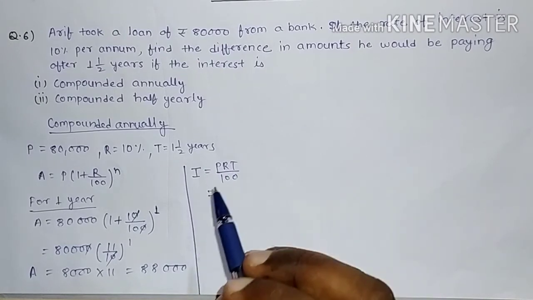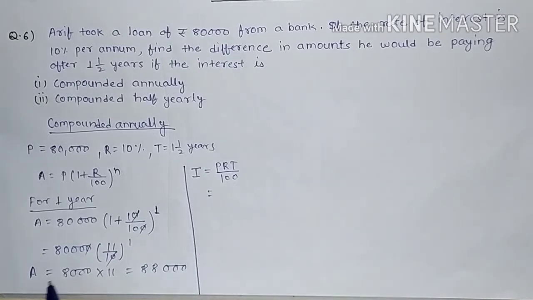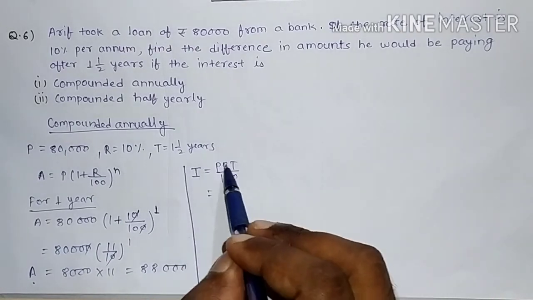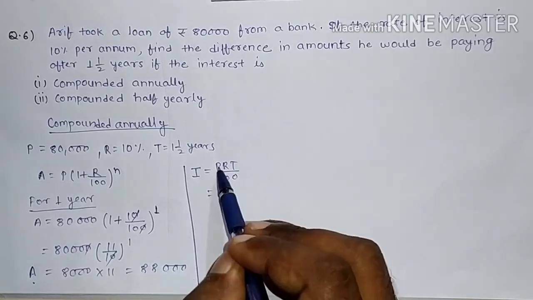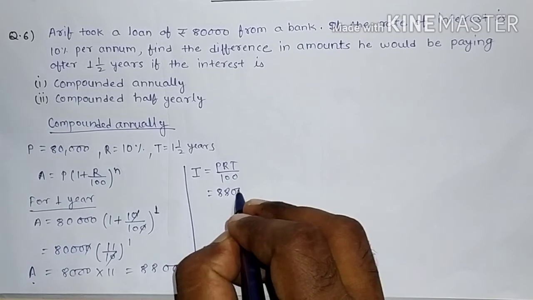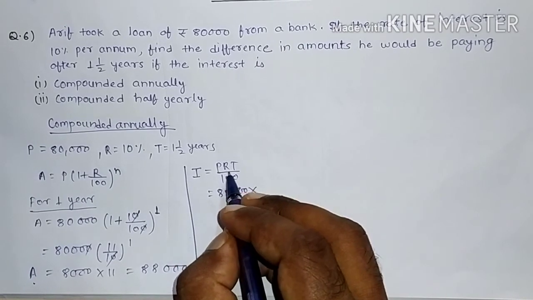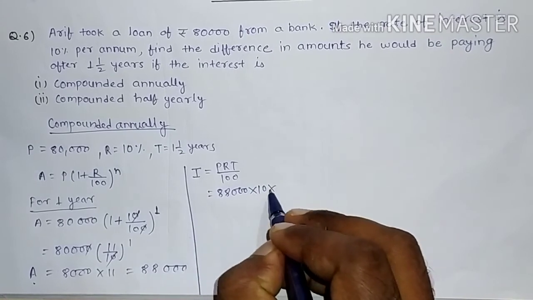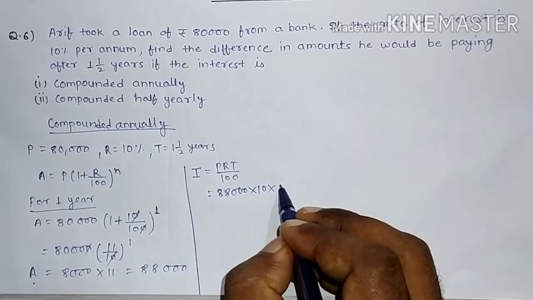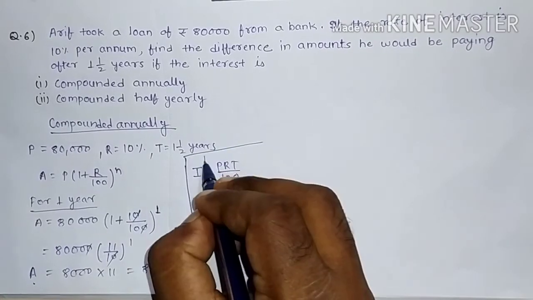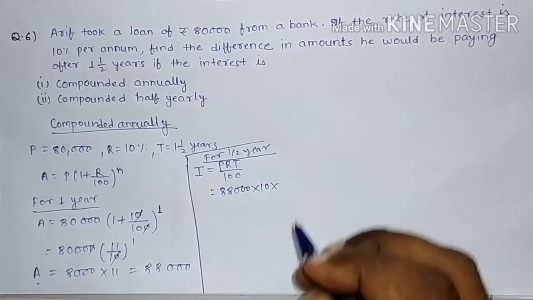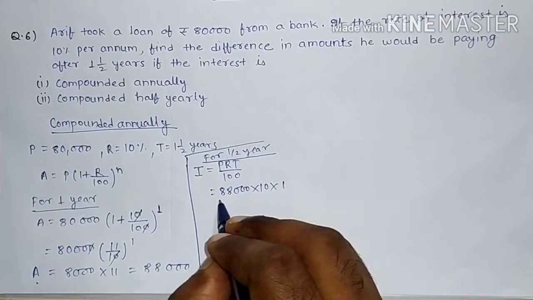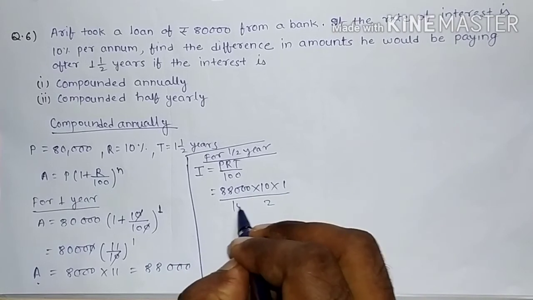I am repeating the statement: the amount of 1 year, that is 88,000, becomes the principal of the next half year. So P, here we have to take 88,000. So 88,000 into R, given 10%, time is for half year, so time is half, 1 by 2, and this is 100.